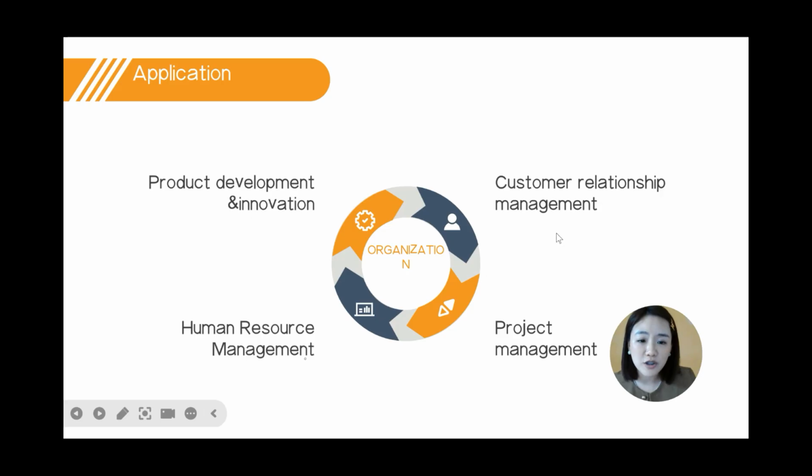In customer relationship management, it can improve service quality and provide deeper insights into customer needs. And in human resource management, the knowledge application can enhance employee training and development, as well as talent evaluation and selection. In project management, effective knowledge management can improve execution efficiency and facilitate knowledge reuse and transfer.